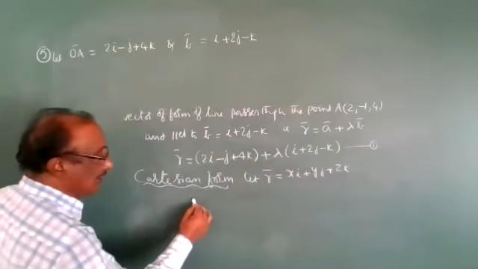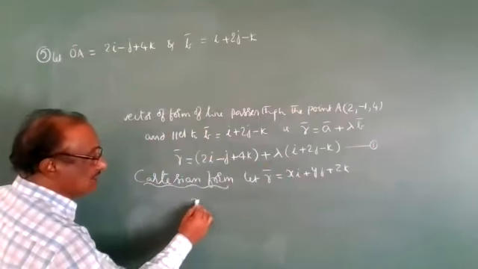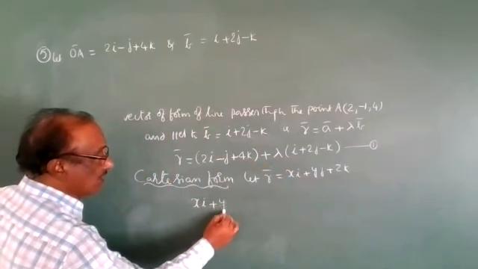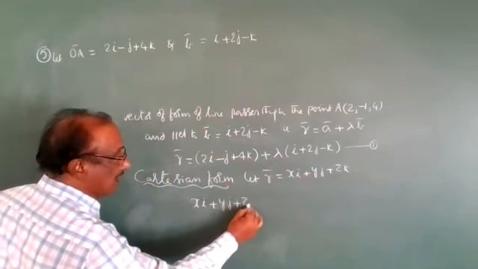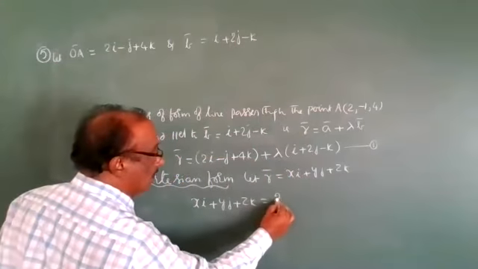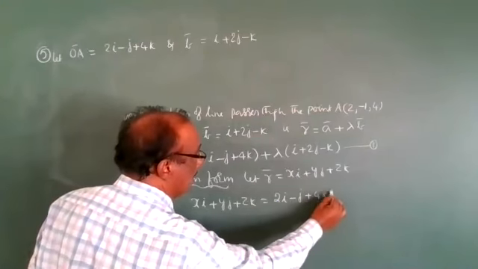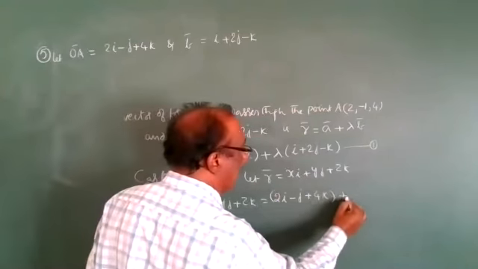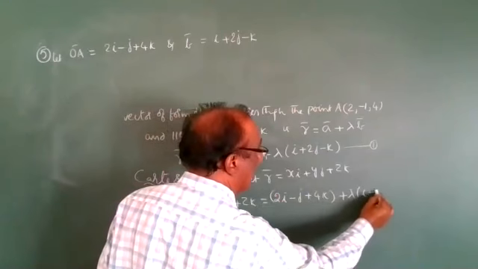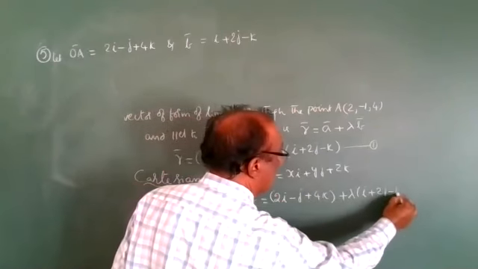R bar place right now: xi plus yj plus zk is equal to 2i minus j plus 4k plus lambda into i plus 2j minus k.